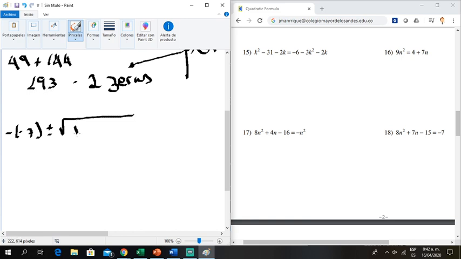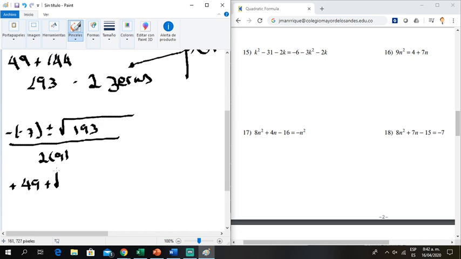Look at that, 193, because it's resolved now. This is the discriminant over 2a, that in this case is 2 times 9. Now we have positive 49.